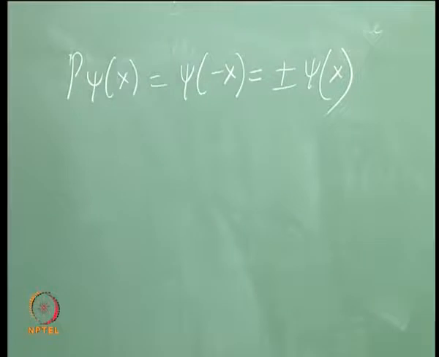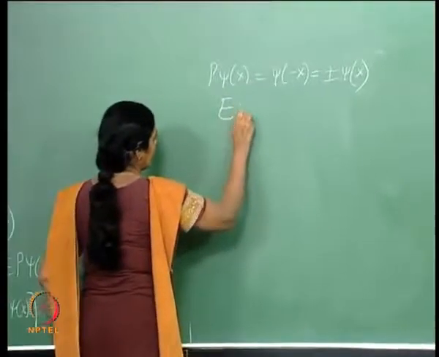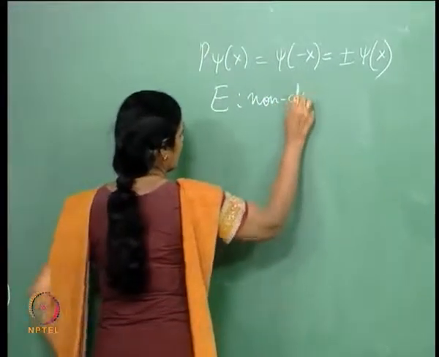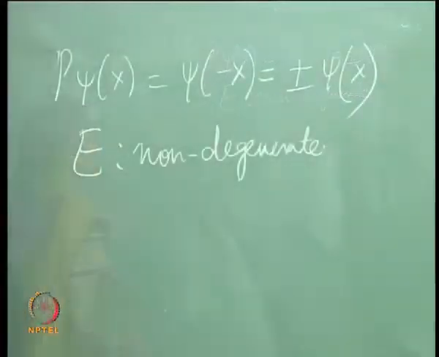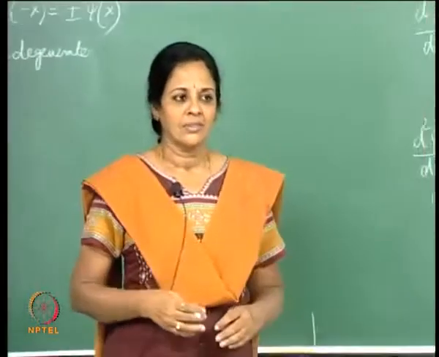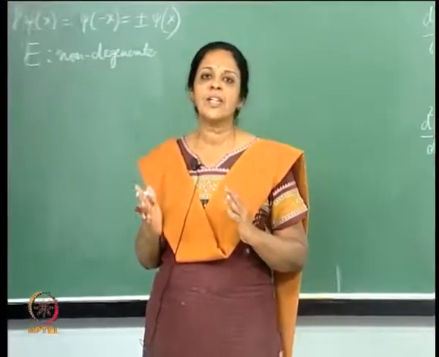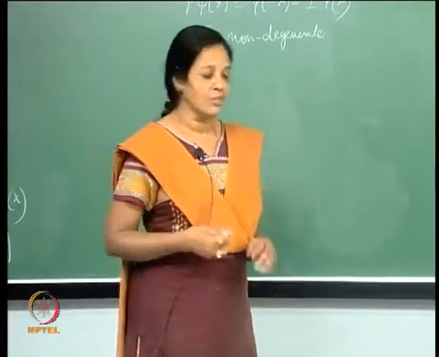Only then this equation is satisfied, where E is non-degenerate. And therefore the eigenstates, the energy eigenstates, will have definite symmetry properties. They will either be odd functions of x or even functions of x.